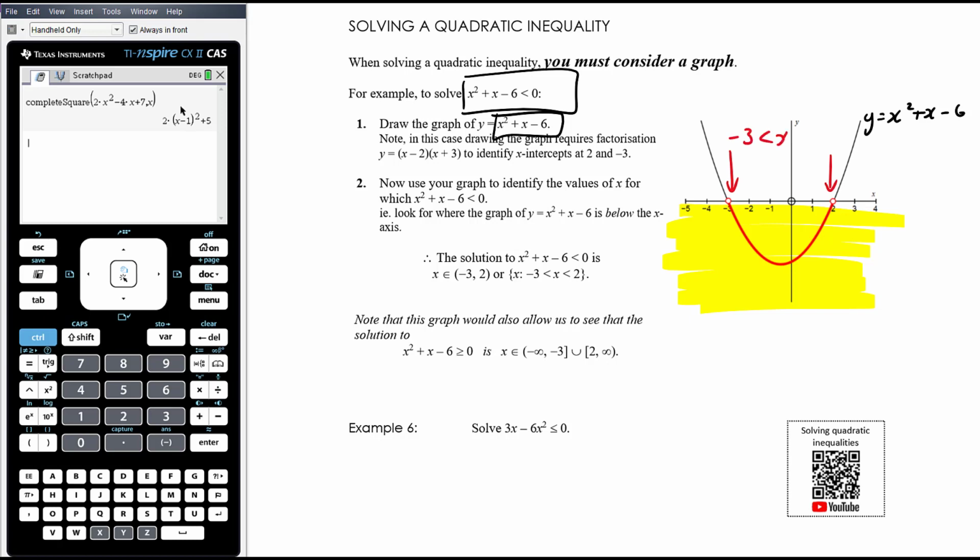So when x is between negative 3 and 2, the y values will be negative, and hence the quadratic is less than 0. It has to be strictly less than 0, so we don't include the endpoints. If the original question was less than or equal to 0, then negative 3 less than or equal to x less than or equal to 2 would be the answer. As I said, it doesn't need to be a detailed graph. It's really about where the x-intercepts are, which way up it goes, and where it is below the x-axis.